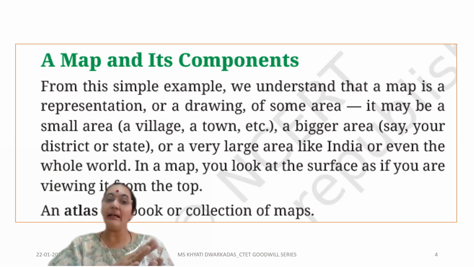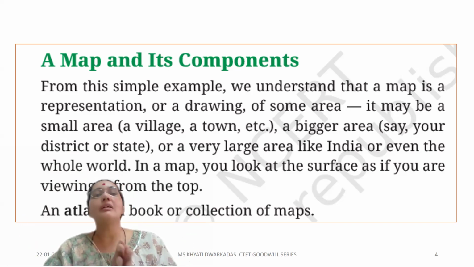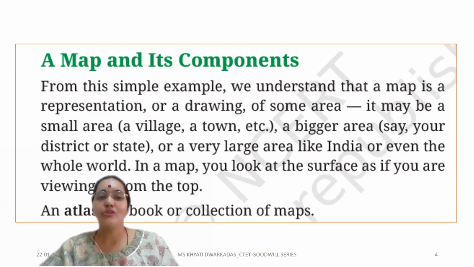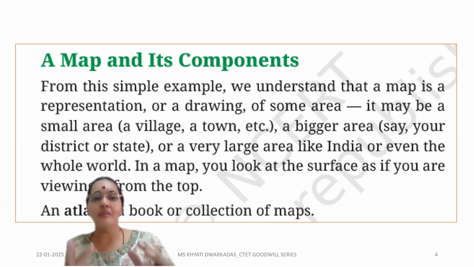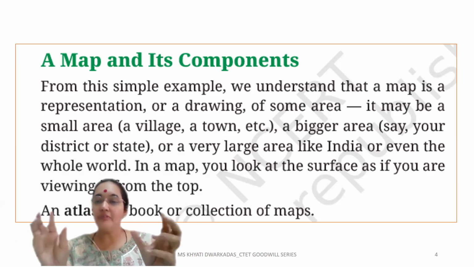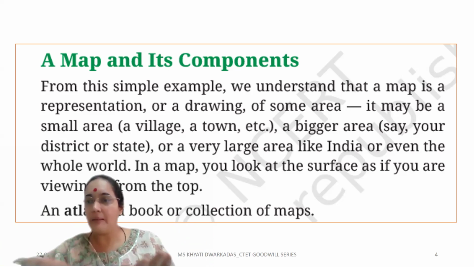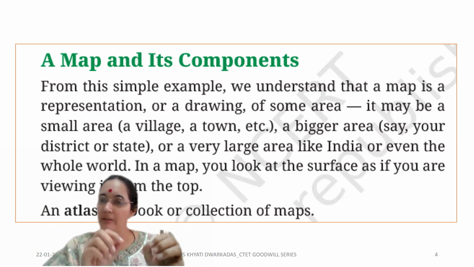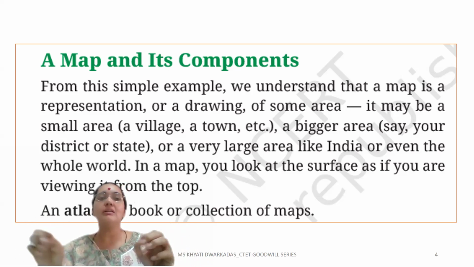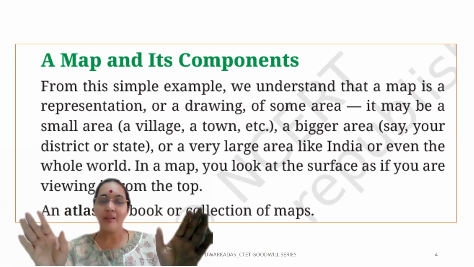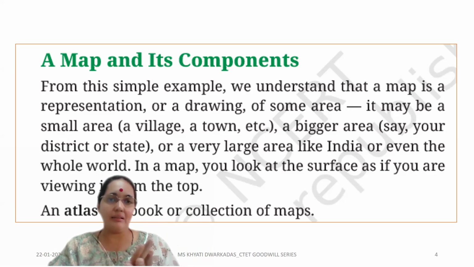And when you collect a whole lot of maps of different kinds and put them in a book, it's called an atlas. So you have a map, which is a representation or drawing of some area of the globe on a flat paper, on a flat surface. It could be a small village to a small area, to a district, a town, a country, a continent, or the whole world. And a collection of all kinds of maps is called an atlas.